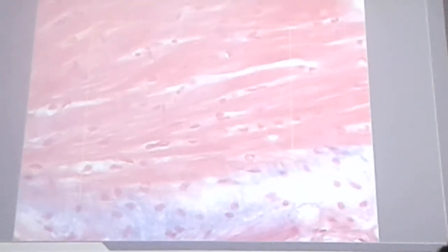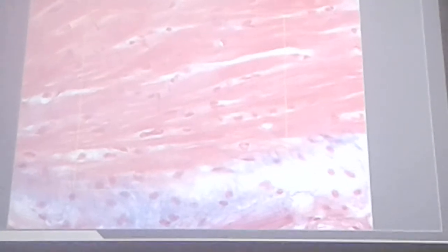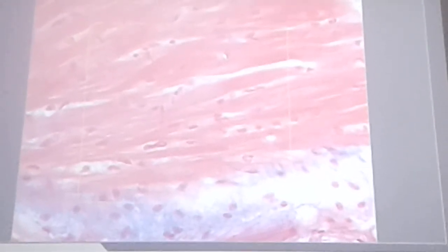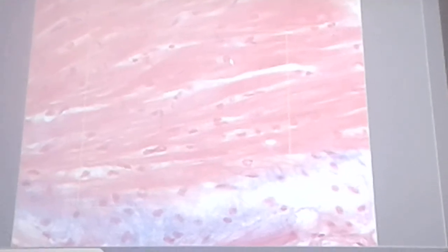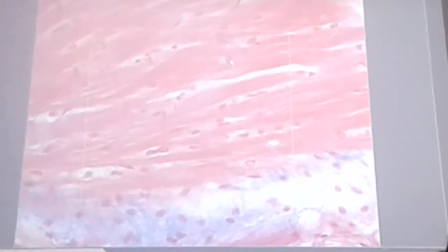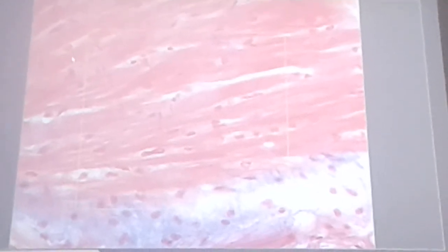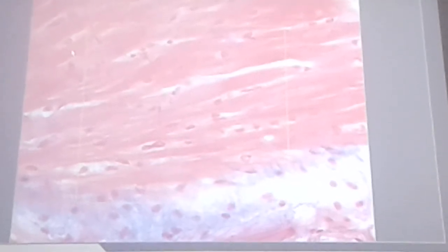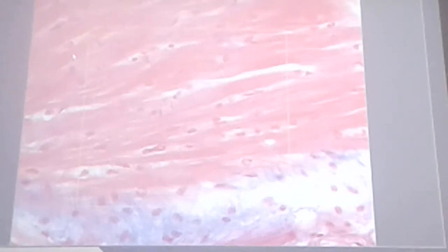Remember, in the striated muscle, the nucleus was located in the periphery of the fiber. But in cardiac muscle, the nucleus is round in shape, and it is located in the middle of the cardiac muscle cell. Sometimes they can be multinucleated, but we generally expect them to have one single nucleus.